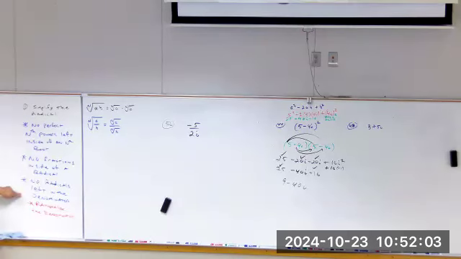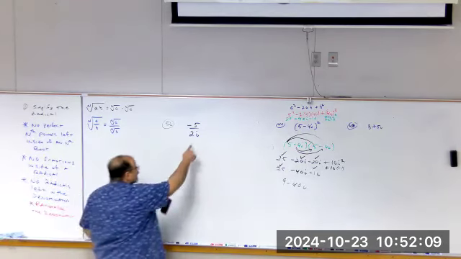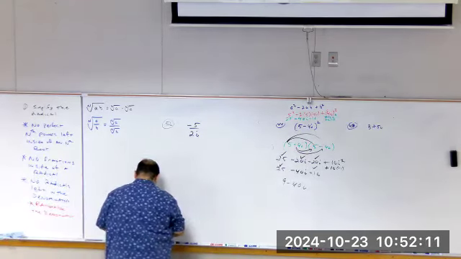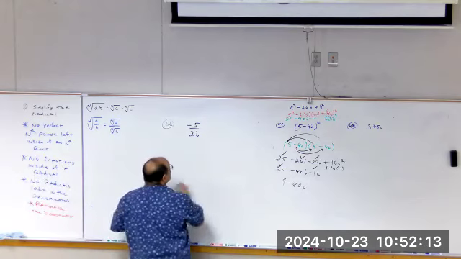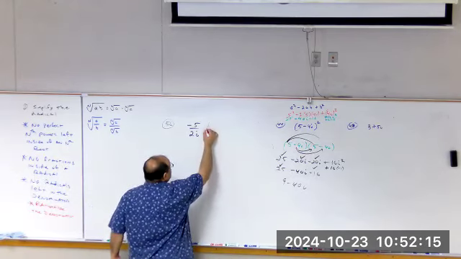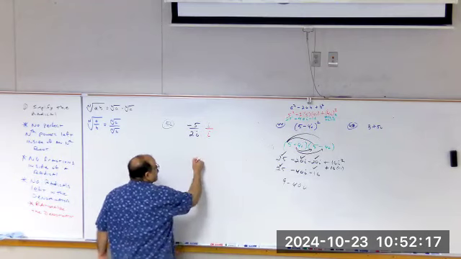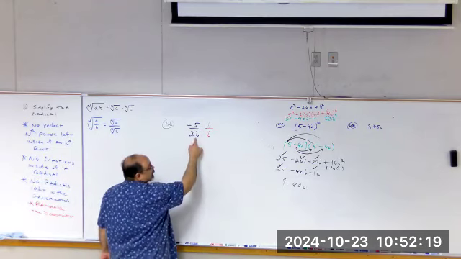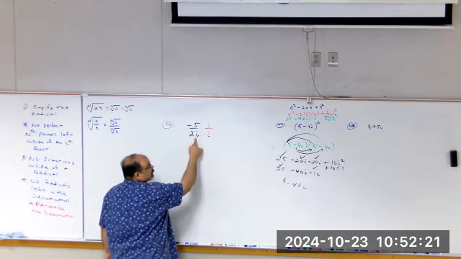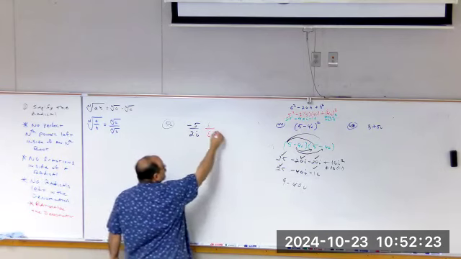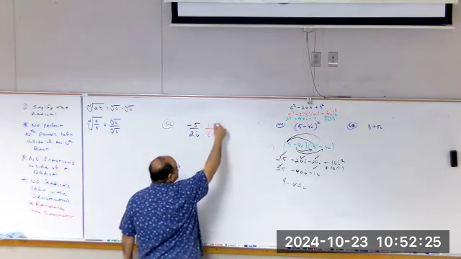i squared is the only way to undo an i. So to undo this i, I need to multiply by another i. So I need to multiply it by i over i to undo this i down here. In the numerator, I have negative 5 times i.